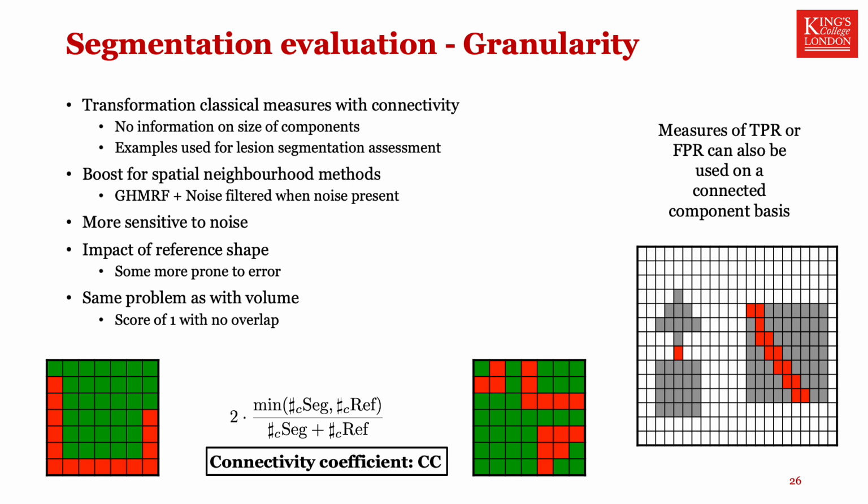So it shouldn't be used in isolation either. Second small issue there is that you have no information on the size of the component. And that is sometimes useful, especially when you have very, very small components that are not detected.